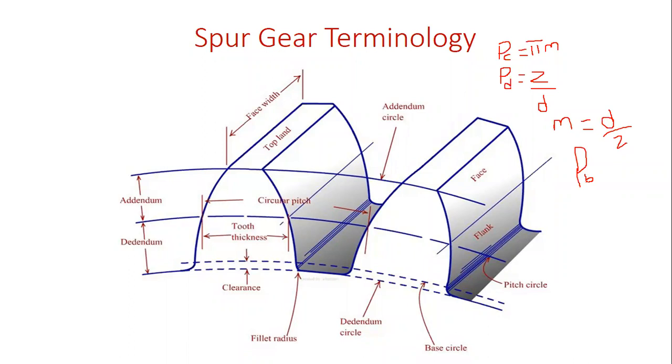And next is the addendum. Here you can see that this is called the addendum and this is called the dedendum. Addendum is the radial height of the tooth above the pitch circle. Here you can see that this is the pitch circle.